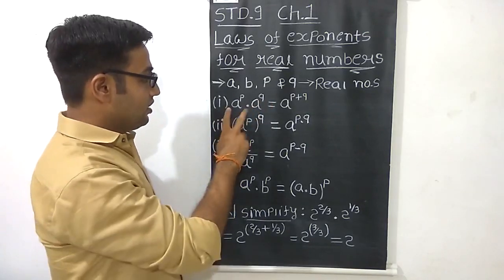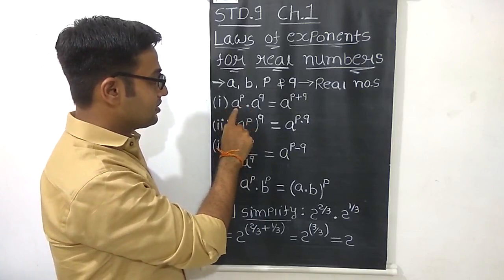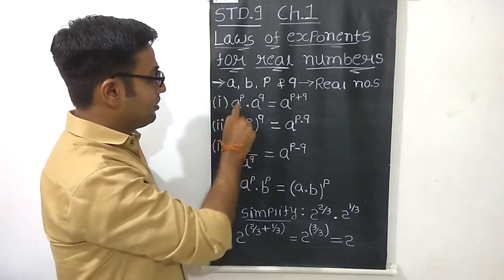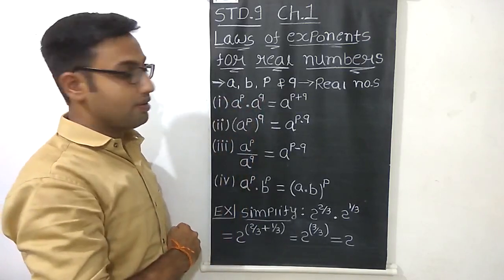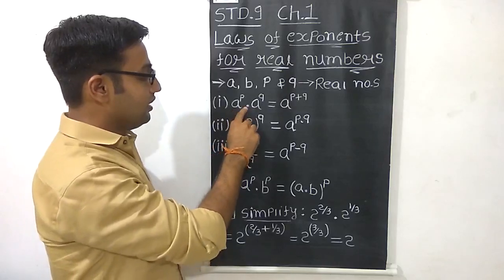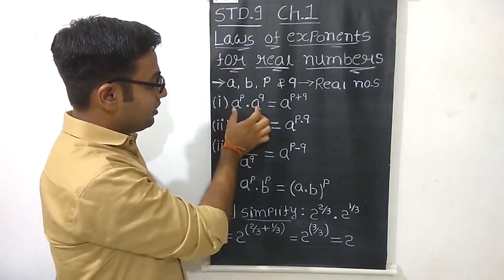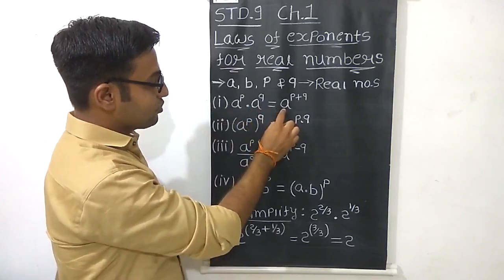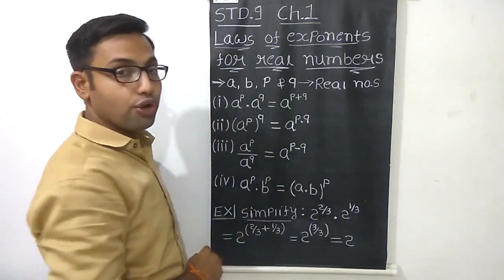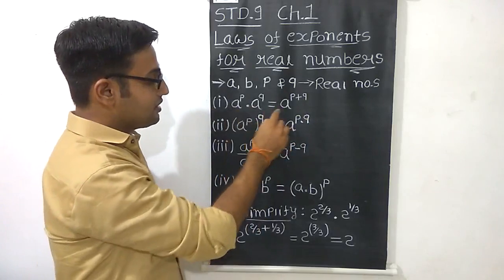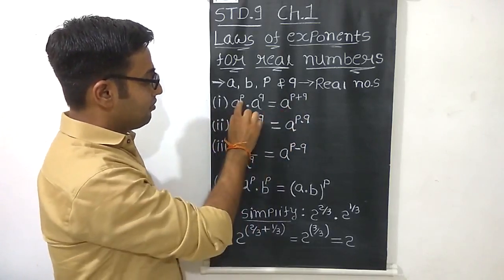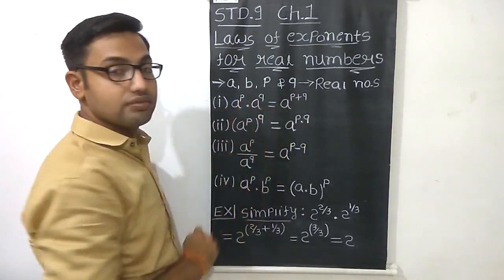The base is the same but the power is different. Both are in multiplication, so simply we can write it as a raised to power p plus q. That means our base remains the same but we add the powers.